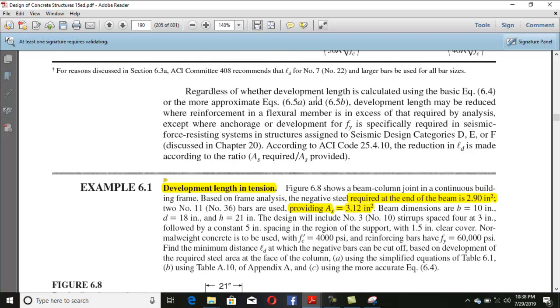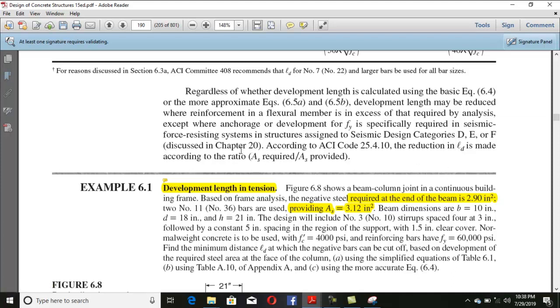Regardless of whether development length is calculated using the basic equation, which I will explain at the initial stage, or the approximate equations in the above table, development length may be reduced where reinforcement in the flexural member is in excess. This is very important.